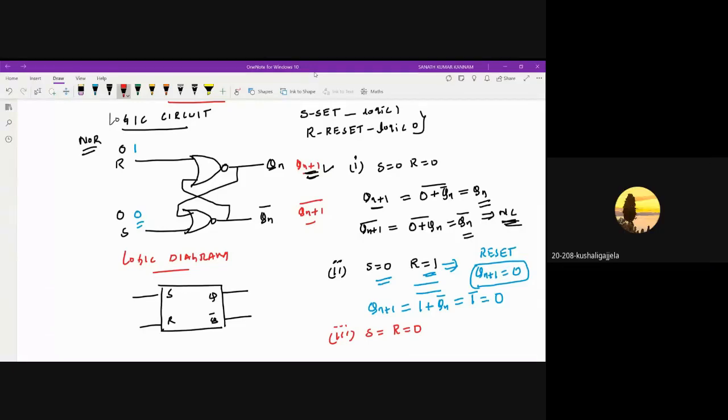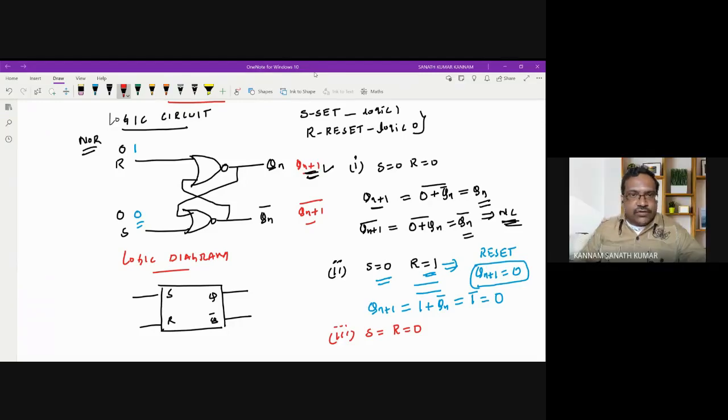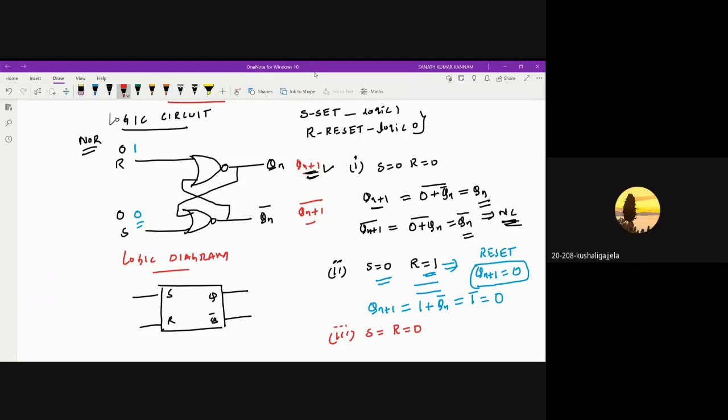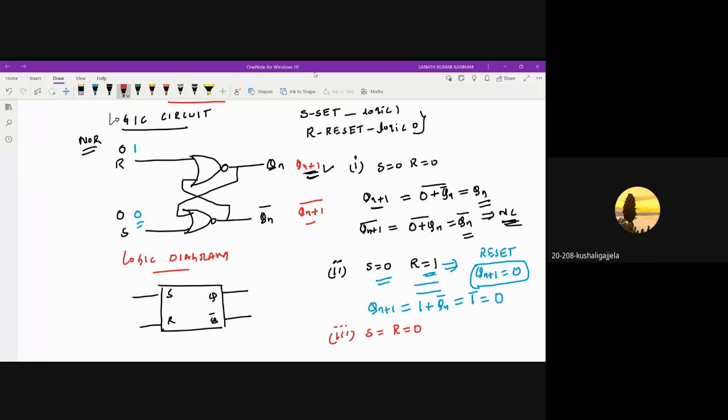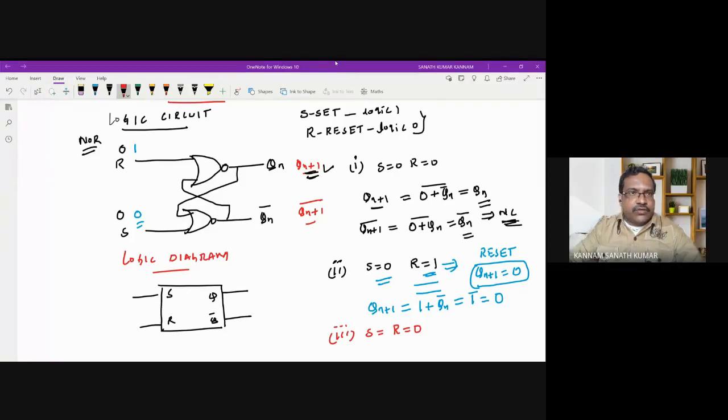Sir, in this second case, when S is equal to 0 and R equal to 1, for Qn plus 1 bar. Yes, yes. Qn plus 1 bar you can analyze. See here. So you want Qn plus 1 bar, no? So Qn plus 1 bar.